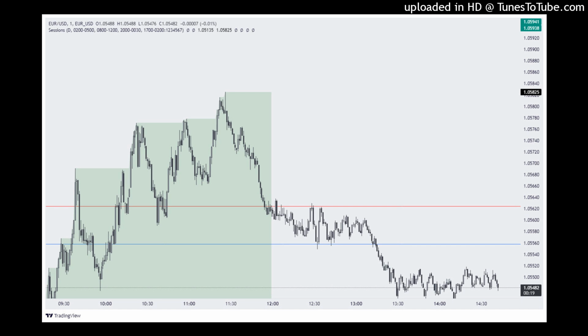Well, it could be the same formation, as in the pattern could be the same. But you're not going to count it as a sharp turn because it's not an entry pattern itself. It would then just be called your bias, your narrative, instead of your sharp turn. You can use sharp turn for your bias and narrative, but not for the entry pattern itself. That is very important to understand.